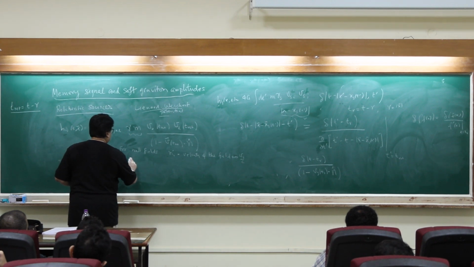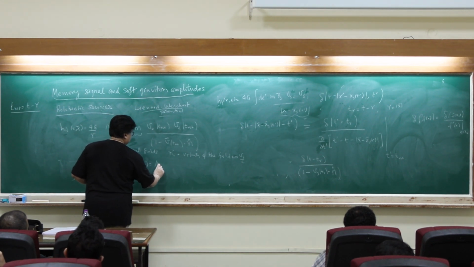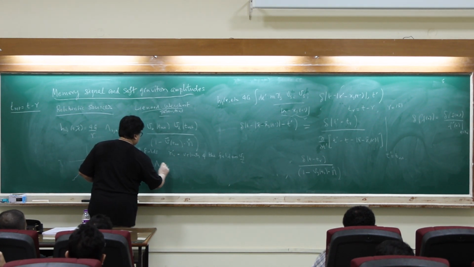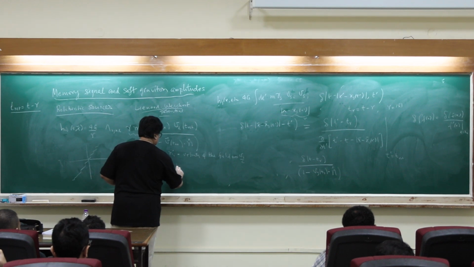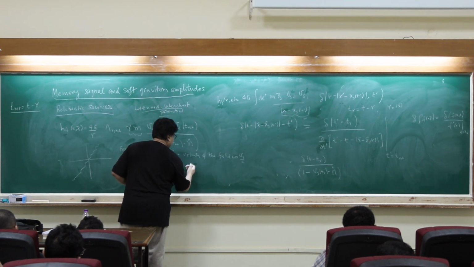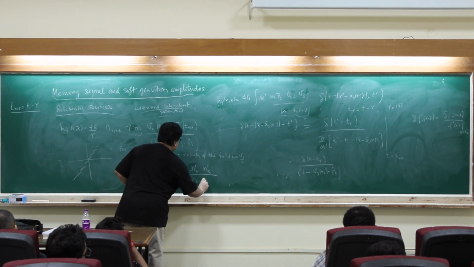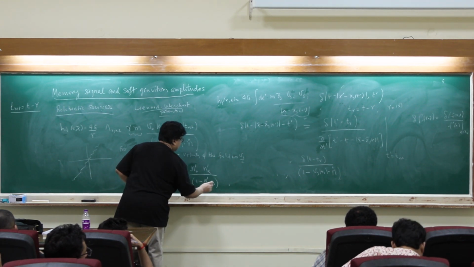So for null fields, what you get is h_ij^TT is energy in a quanta, then n'_k n'_l divided by 1 minus n' dot n.